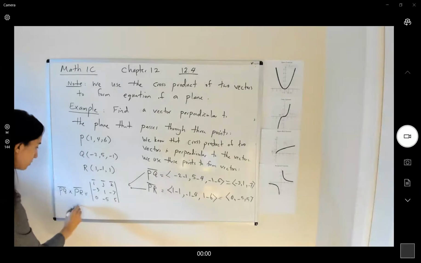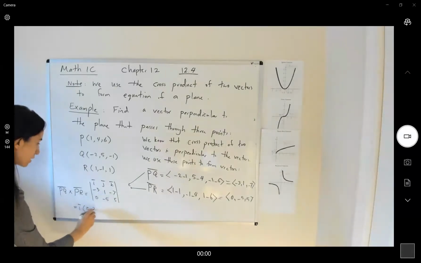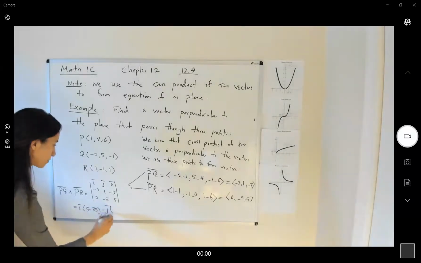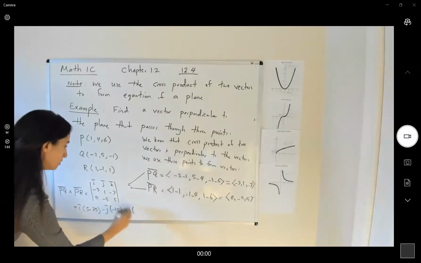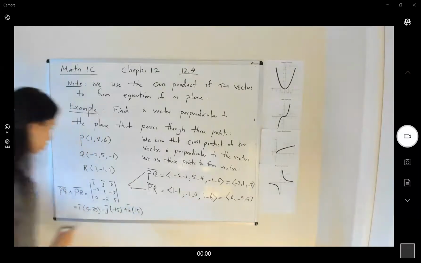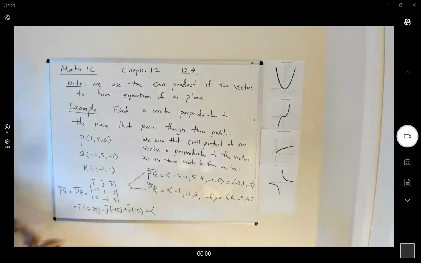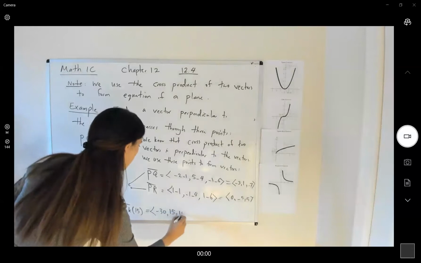We have i times (1 times 5, 5 minus 35), minus j, -15 minus 0, plus k, which is 15. So this is your vector: -30, +15, and 15.